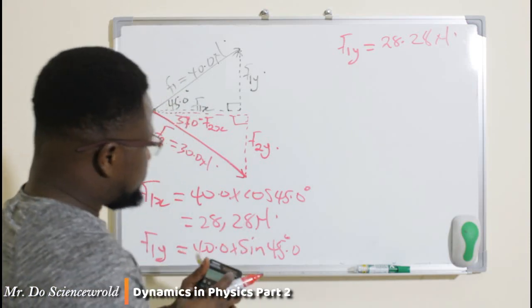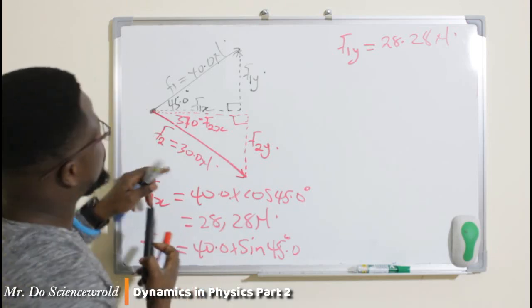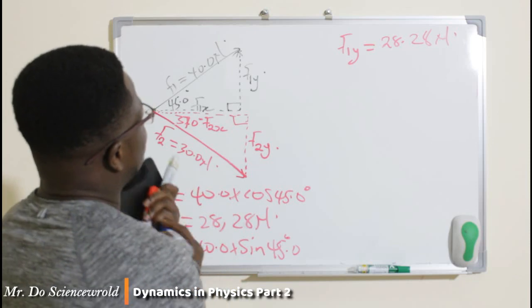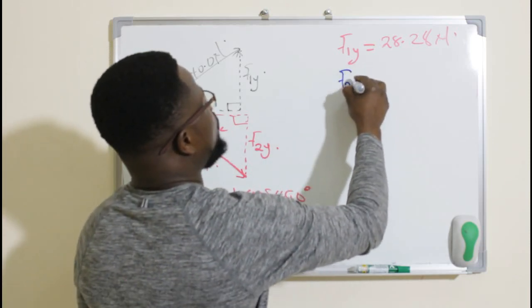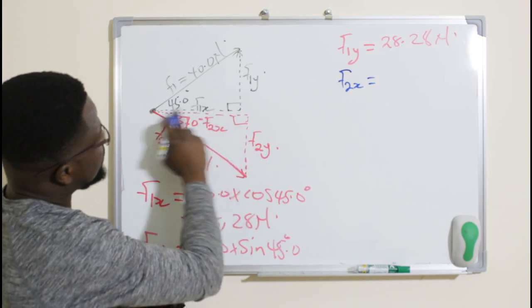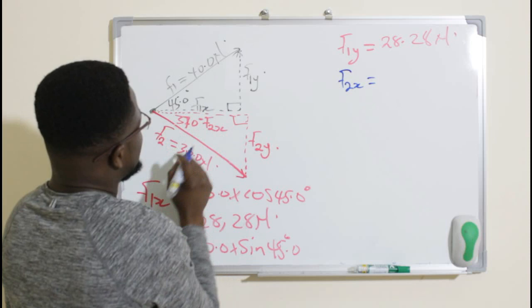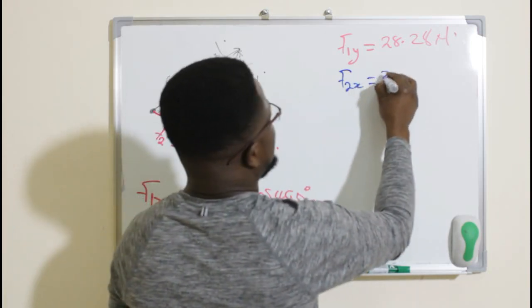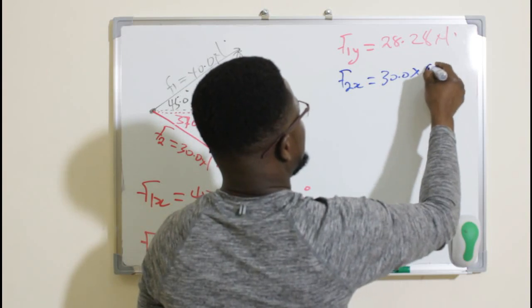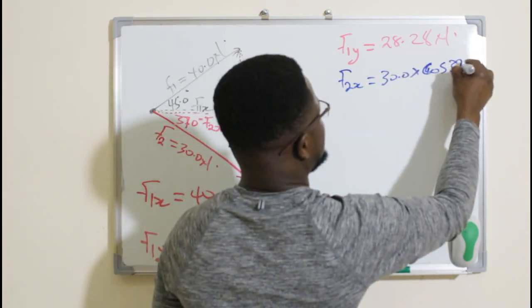Now let's look at a situation where we're going to find F2. So to find F2x, F2x is this, and this is also the adjacent. So it's going to be the force which is here, and that is 30 multiplied by cos 37 degrees.